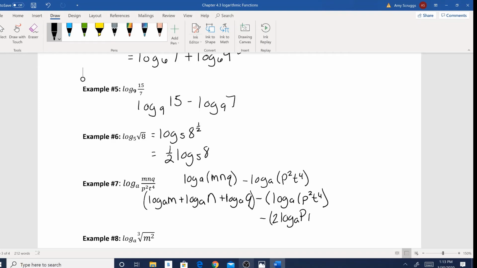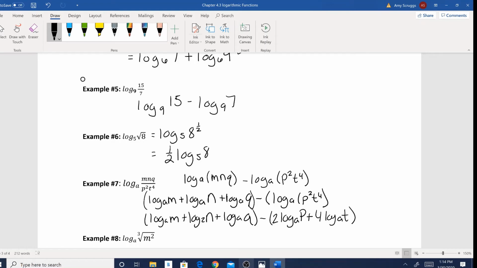So plus, and then the 4 will go in front. So 4 log a of t. Okay? And then if you rewrite the rest of this, we should be finished. We are good to go. All right, and that's it. That is your fully expanded problem.